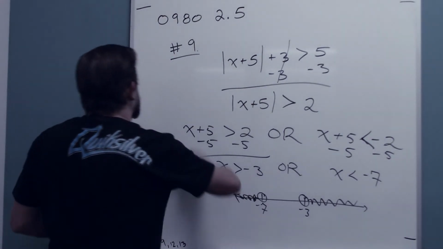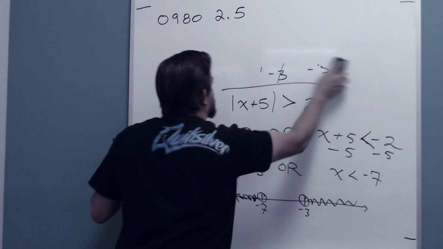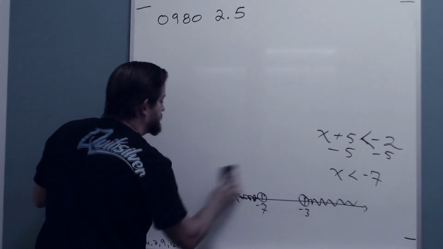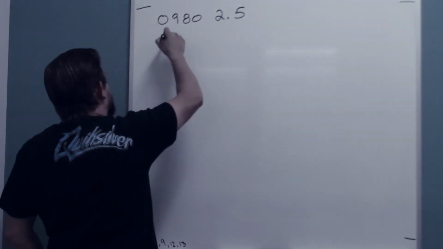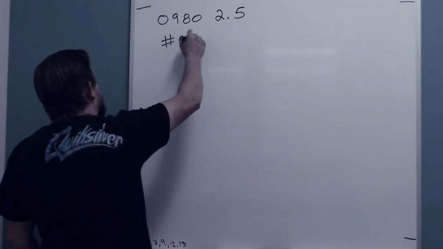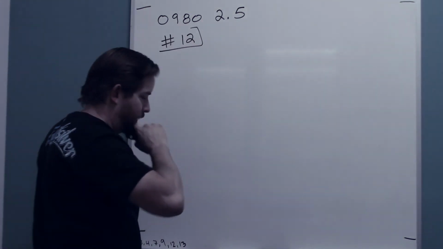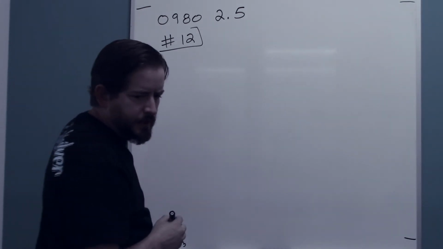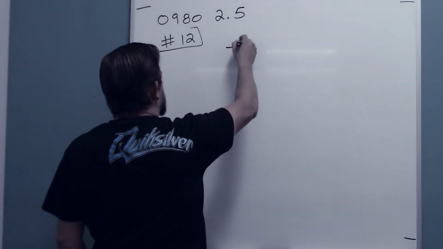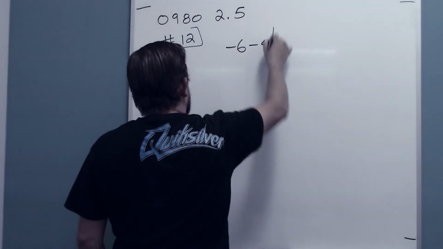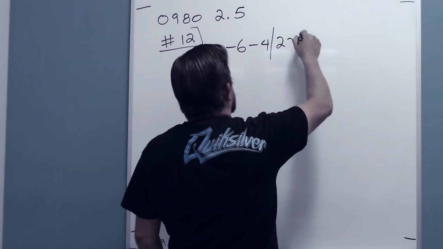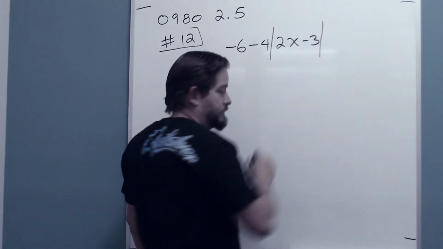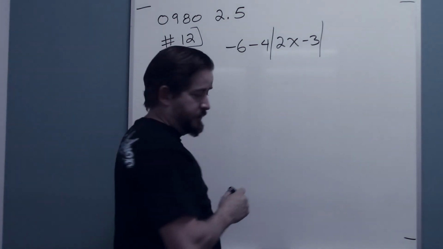All right, let's look at number 12. It says negative 6 minus 4 times the absolute value of 2x minus 3 is greater than 2.